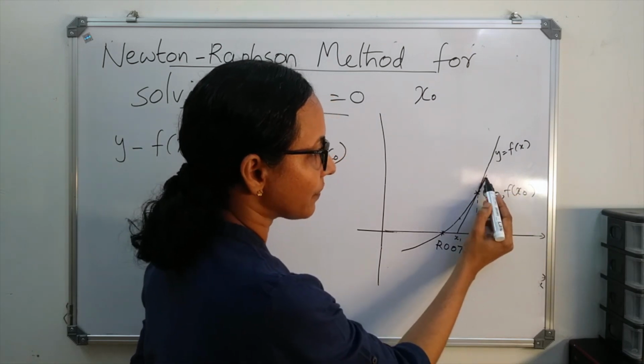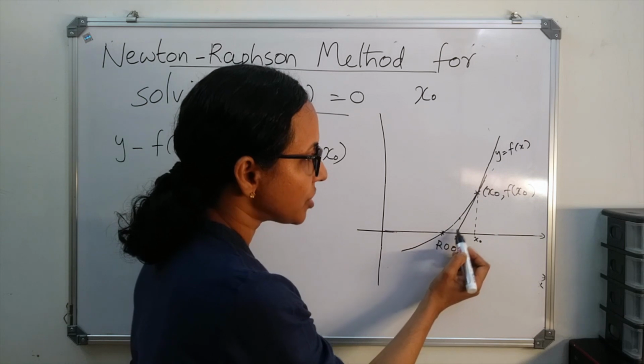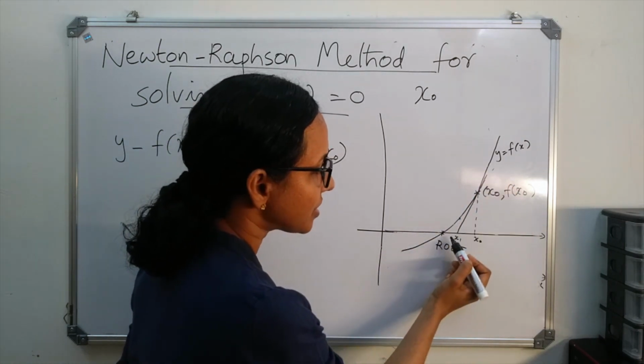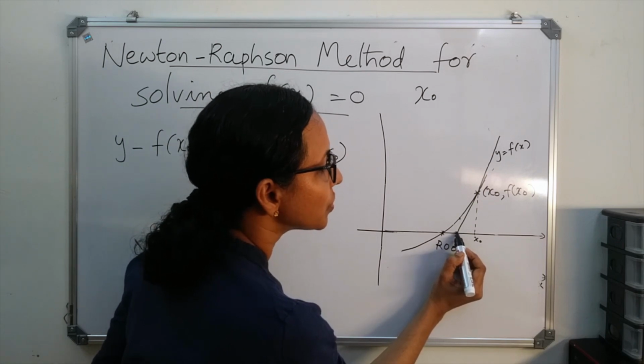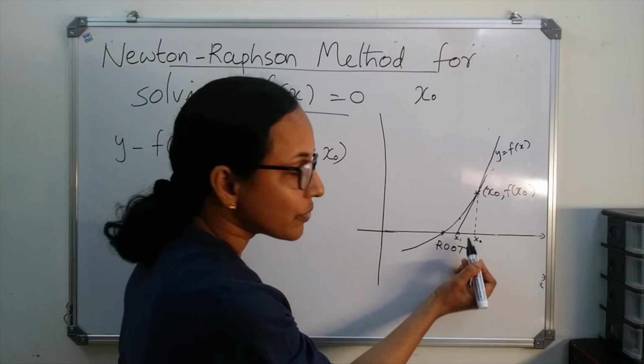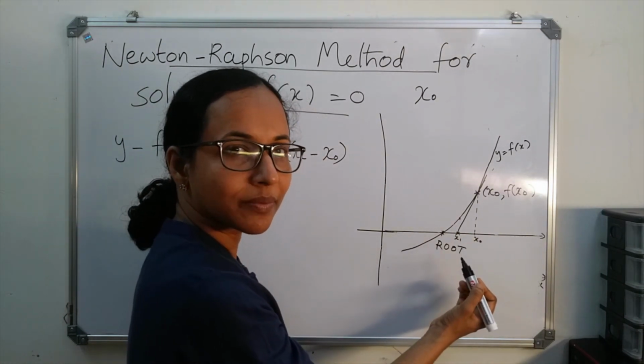From here, at this point, we draw a tangent to this curve, and this tangent meets the x-axis at this point. Let this be x1. We take this x1 as the next approximation.